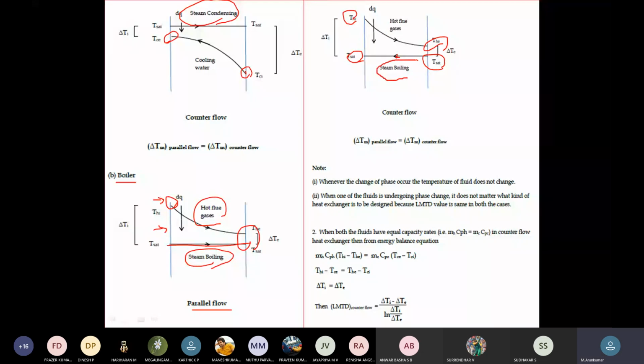So this saturation temperature of the steam is maintained because of heat transfer from the hot flue gases. So we can compare that the LMTD of a parallel flow will be equal to the LMTD of the counter flow, also in boilers.